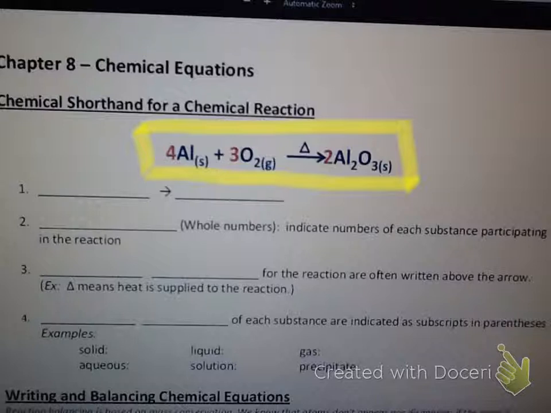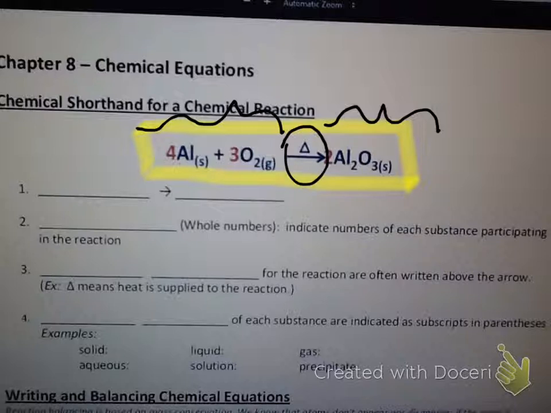The first thing you'll see is there's always some atoms or elements or molecules written on one side of the reaction and elements or molecules written on the other side of the reaction. And in between there's an arrow. So we need to understand how to describe things to the left of the arrow and to the right of the arrow. The things that are found to the left of the arrow are always called reactants.